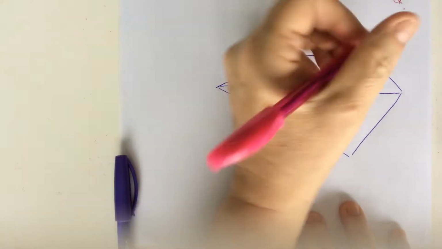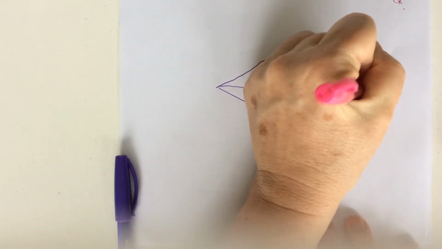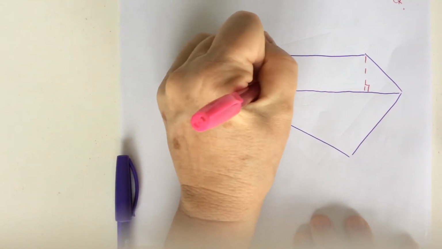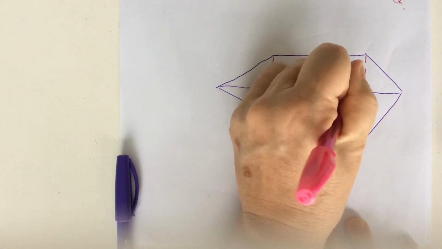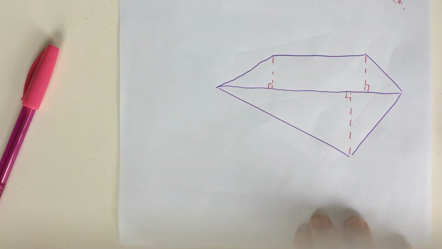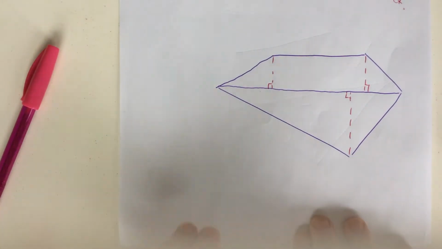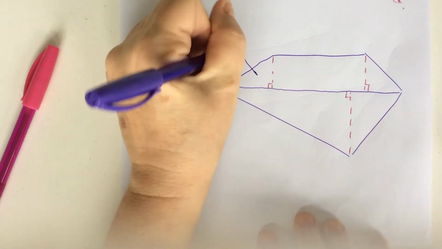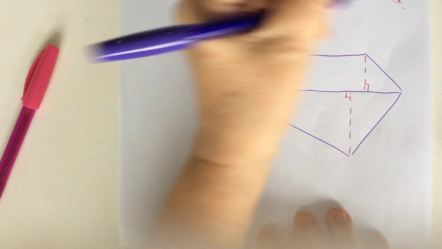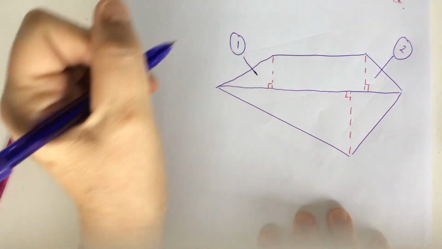Now I put in my offsets, and once again the offsets go from each of the vertices, like that. We have now created a series of basic shapes. Here we have a triangle, which is piece 1. Here is a second triangle.